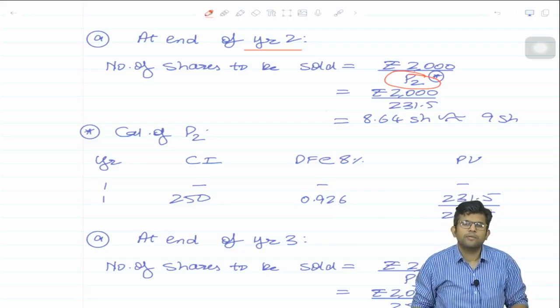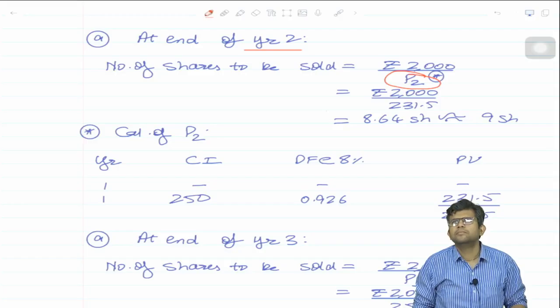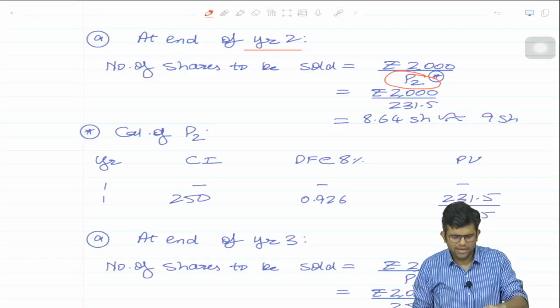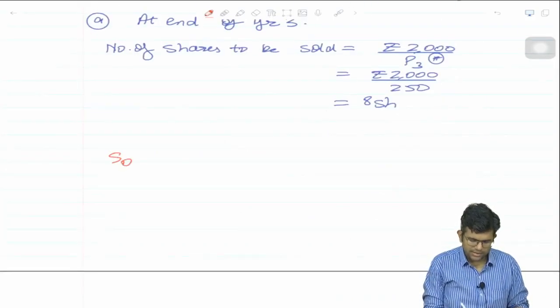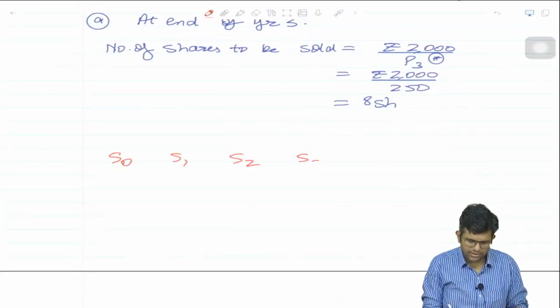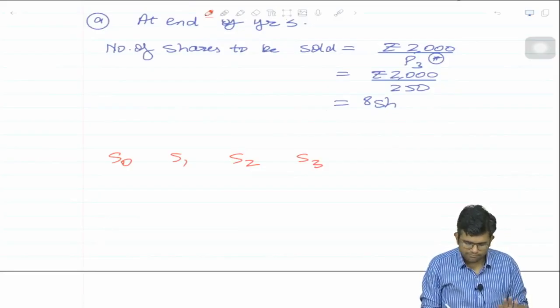Like we have station 0, station 1, station 2, station 3. I want to know what is the price here.